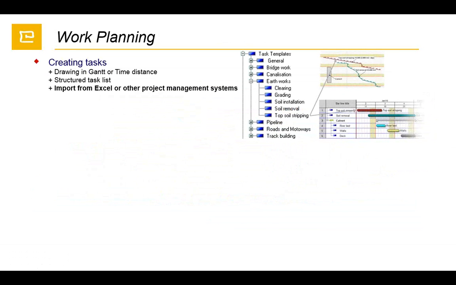At the project stage, for work planning, we can create our tasks directly from Excel or directly from Primavera. We can import the tasks and get the distances in Tilos, and there are ways we need to manage this, which I will explain. Or we can directly create our tasks in Tilos, which is easier.